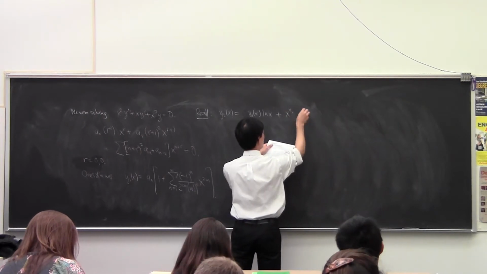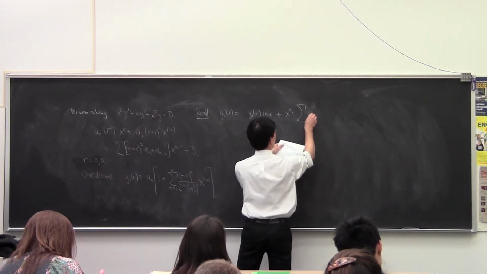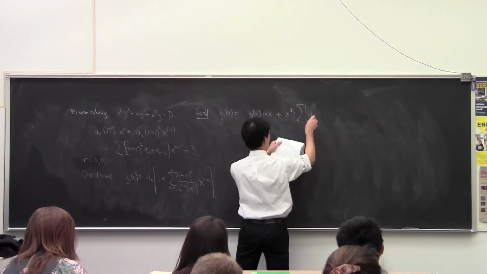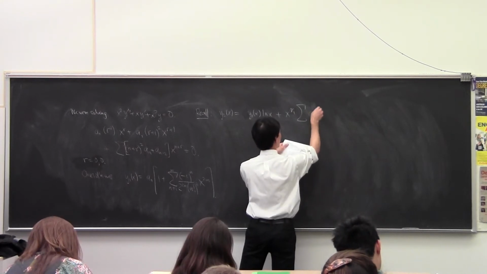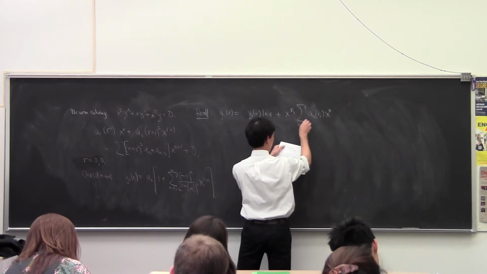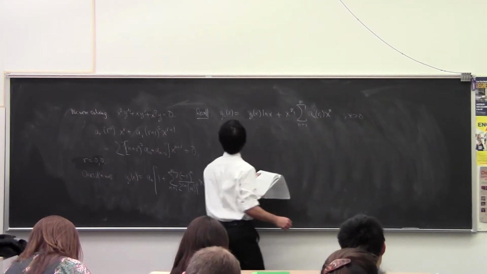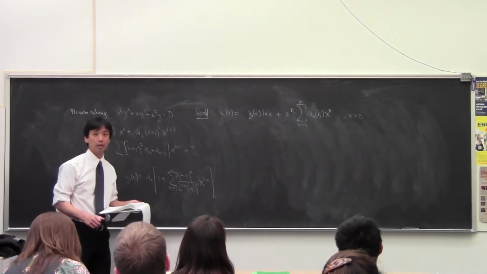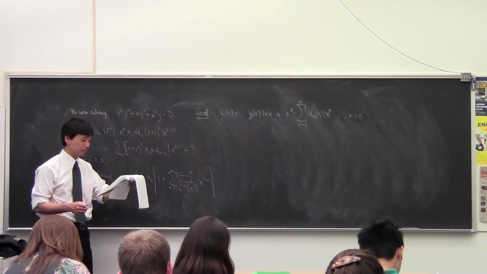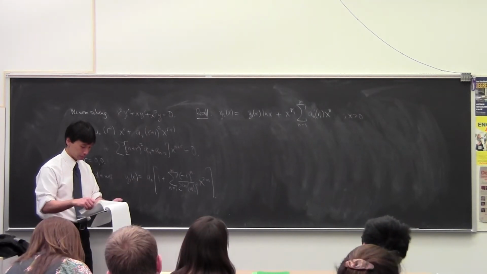Well, r1 is 0, so we don't really need that, but I'll just leave it in. x to the r1, a sub n prime of r1, x to the n, from 1 to infinity. And that's fine. We worked this out two classes ago, or maybe last class.